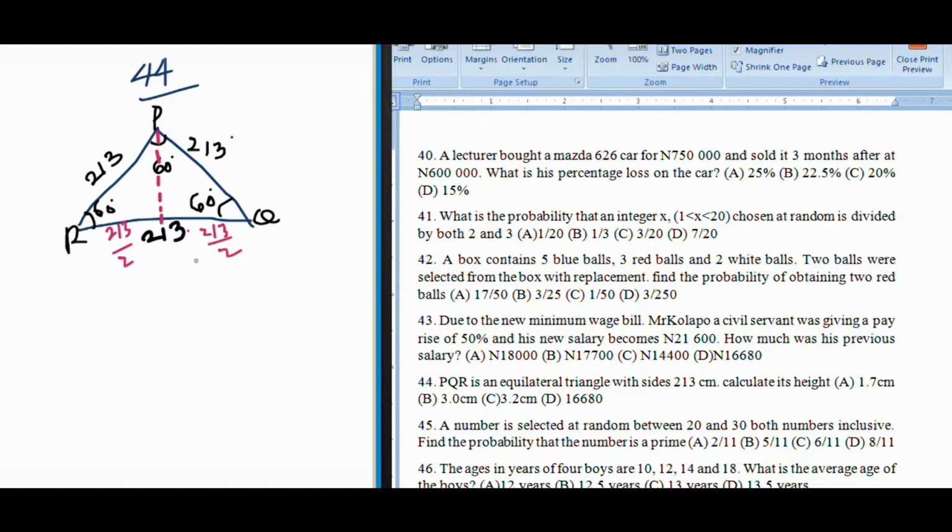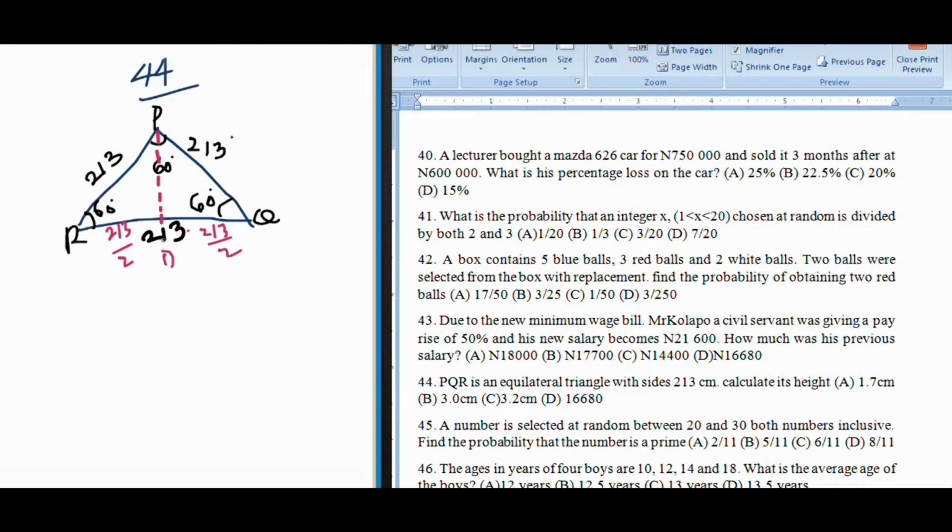Where the bisection line, which is the height in this case, touches the side, we might decide to call that place D. Now it's easy for us to go ahead and find the height. You can use either side of the bisection to get our height, because it's a right angle triangle: this straight line is 90 degrees here and it's 90 degrees here. So whichever side we use, we'll have our answer.